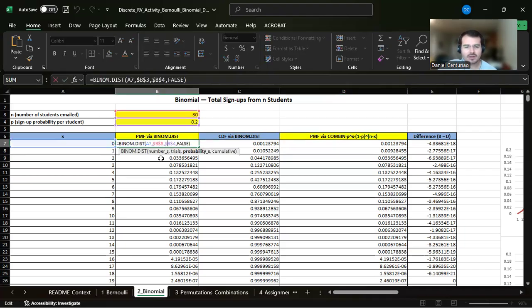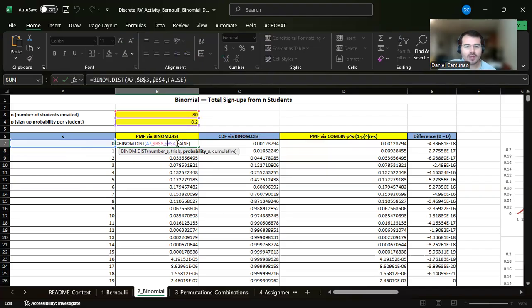You can double click in the cells and see how the formula is performed, but basically it is using those two parameters. The A7 reference is collecting the number of the observation that we are looking at in each one of the cases.